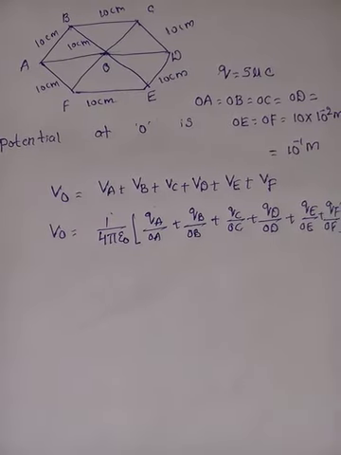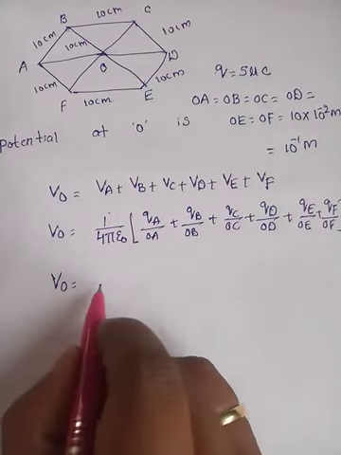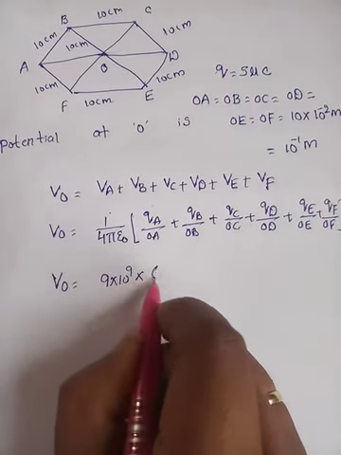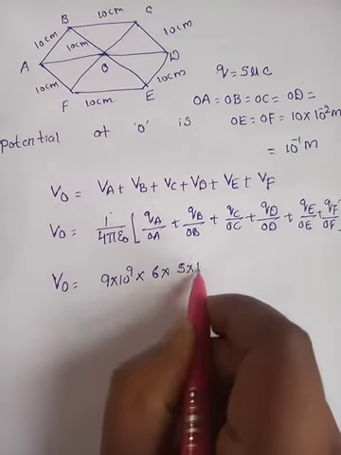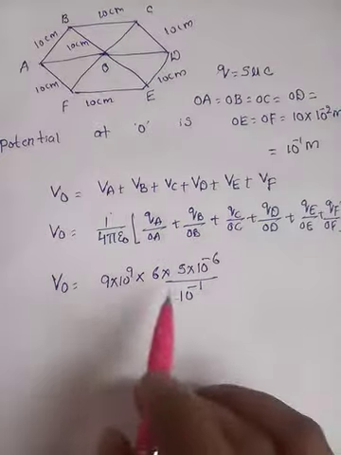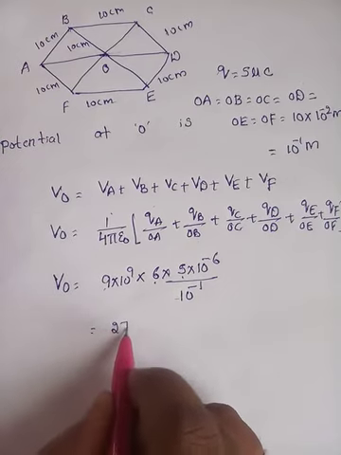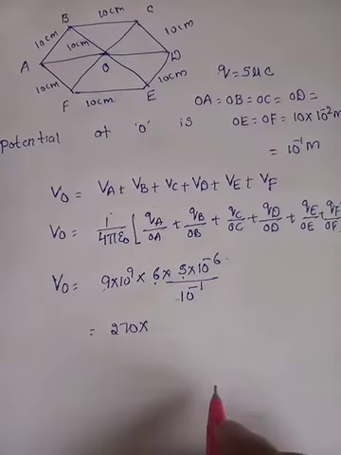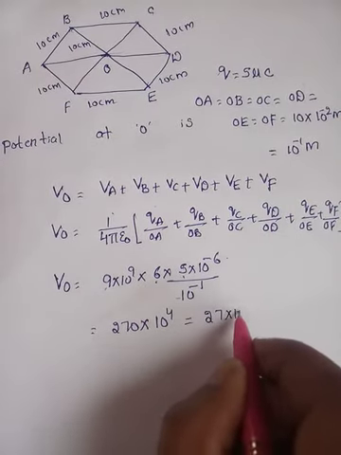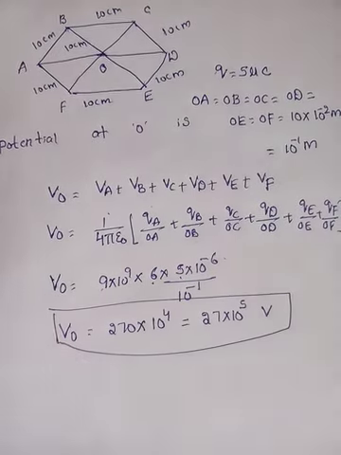Have you observed all the charges are the same and all are equidistant? So how many are there? 6. What is the value of 1 by 4 pi epsilon naught? 9 into 10 raised to 9, into 6, into the charge of each, 5 into 10 raised to minus 6, by distance 10 raised to minus 1. So 6 fives are 30, 3 nines are 27. So 270 into 10 raised to 9 minus 6 is 3, 3 plus 1 is 4. That can be written as 27 into 10 raised to 5 volts. So this is the potential at the center.